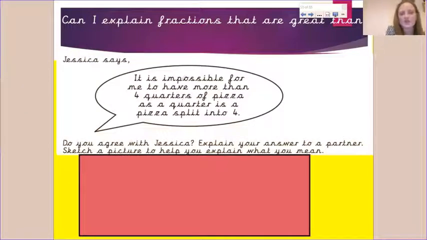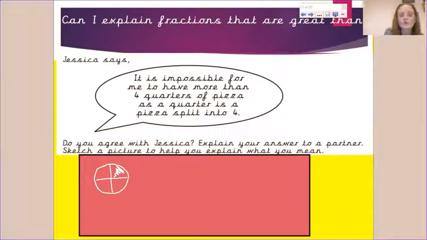She says, it is impossible for me to have more than 4 quarters of a pizza, as a quarter is a pizza split into 4. So if this is our pizza and it has been split into 4, Jessica says it is impossible for me to have more than 4 quarters of a pizza, as a quarter is a pizza split into 4.